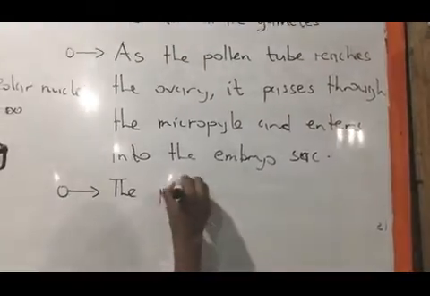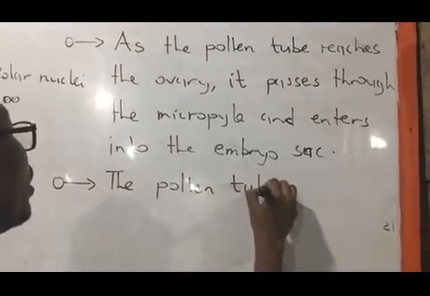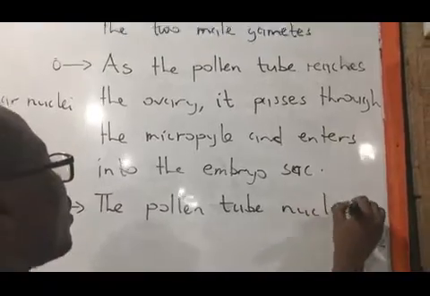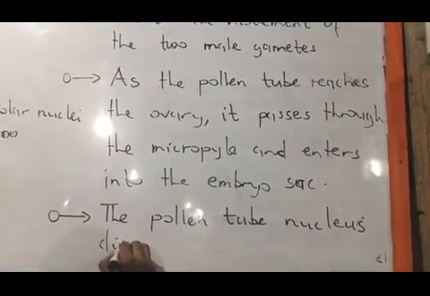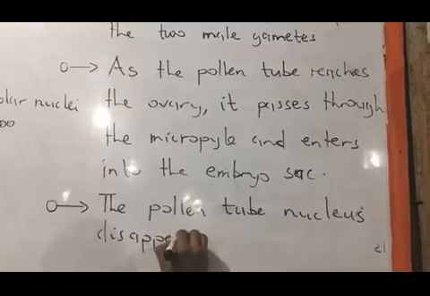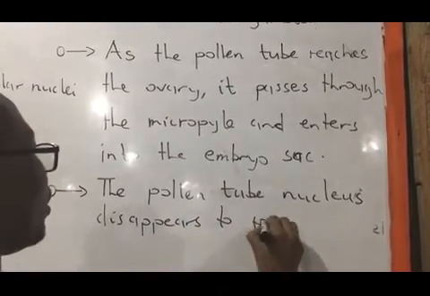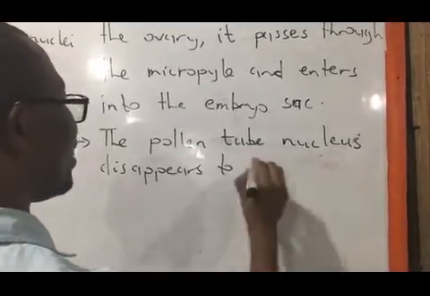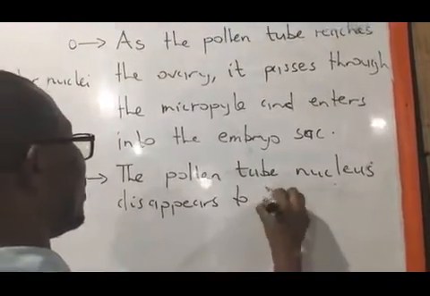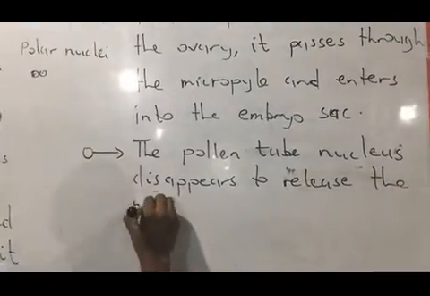So the pollen tube nucleus disappears to release the male gametes.